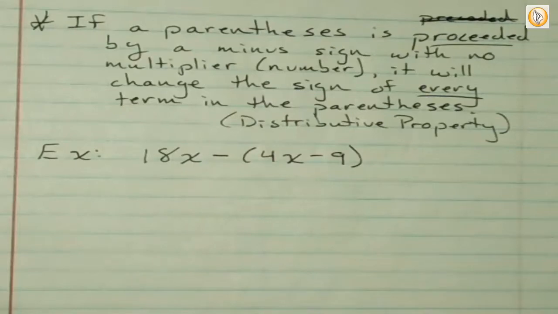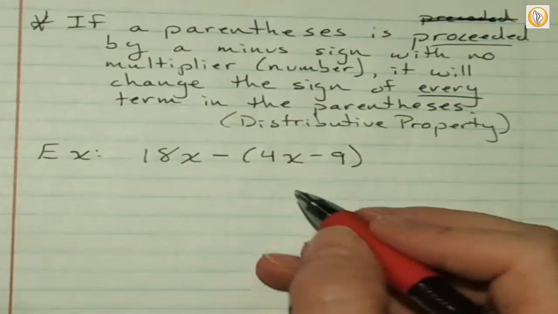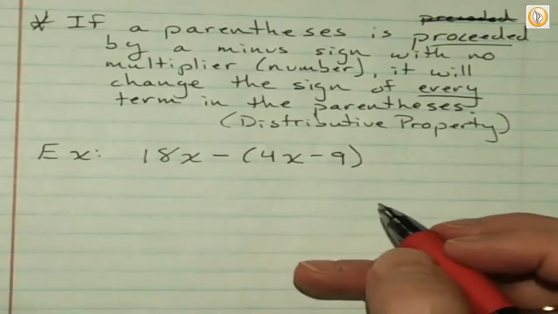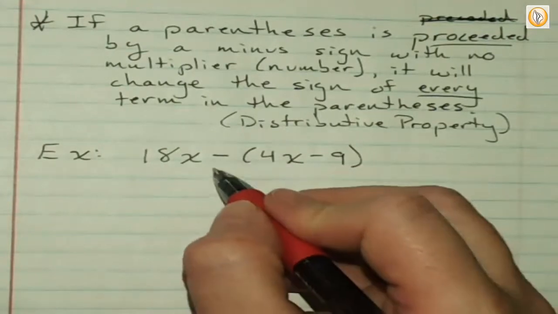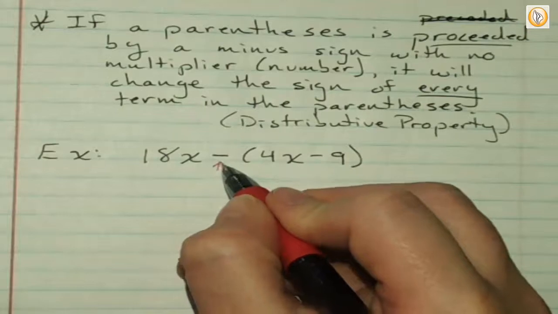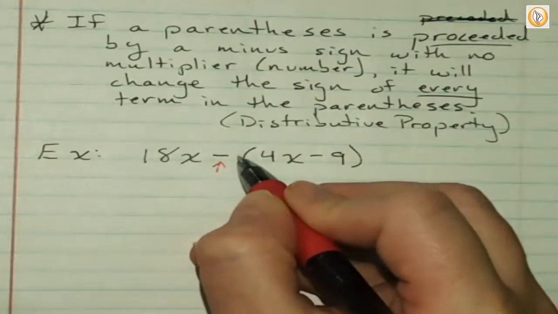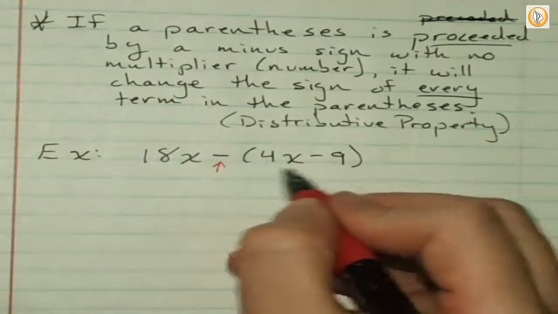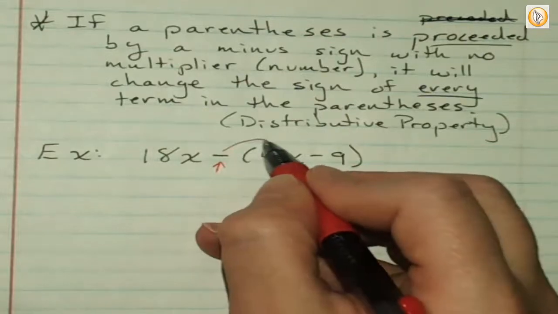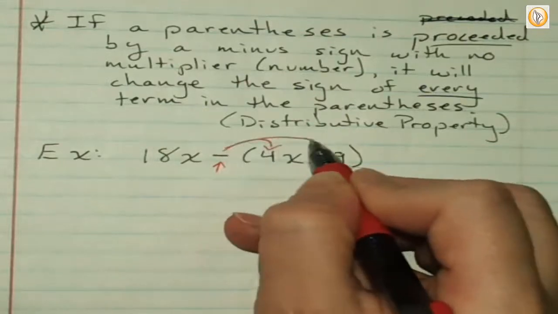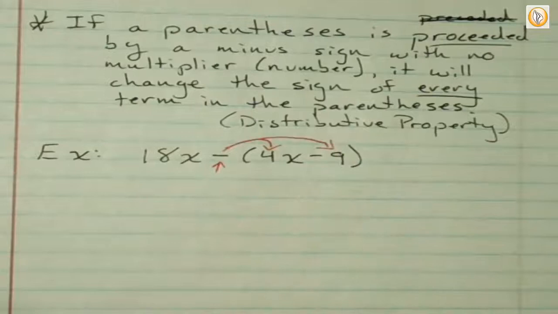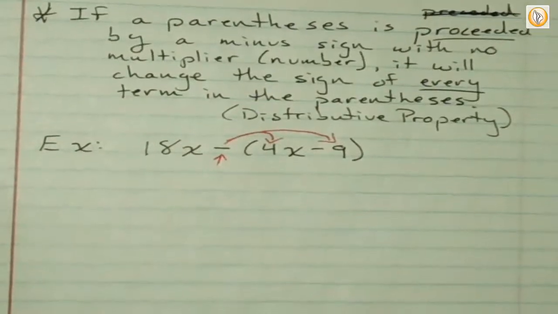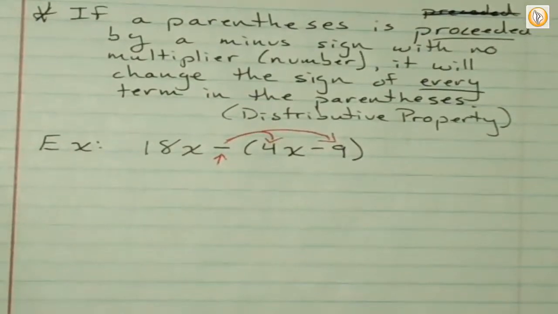My students really struggle with this. They'll do maybe the first term, but they'll forget the second term. So this sign with no number here, in front of the parentheses, you're going to distribute it to every term inside. What they become is now the opposite.